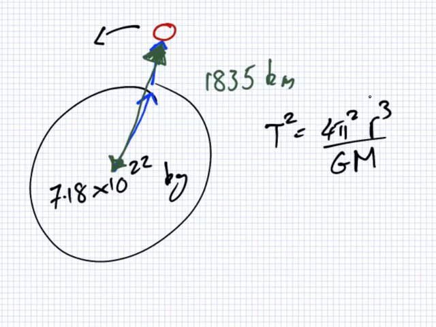Do we know the R? Yes. Do we know the M? Can we get the T? Yes. Easy if you know what formula to use. I did that in class, trust me.